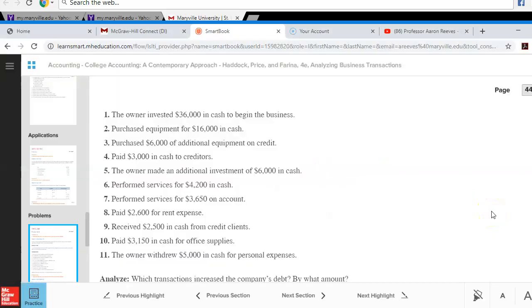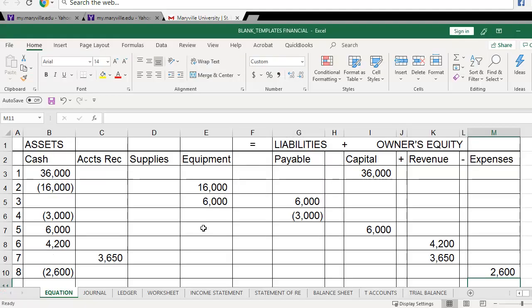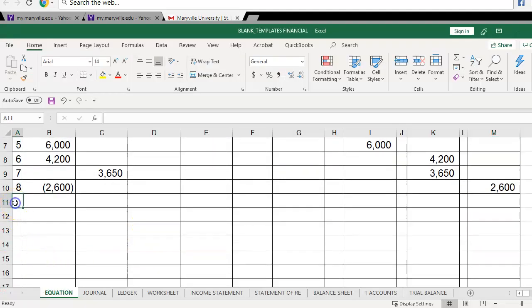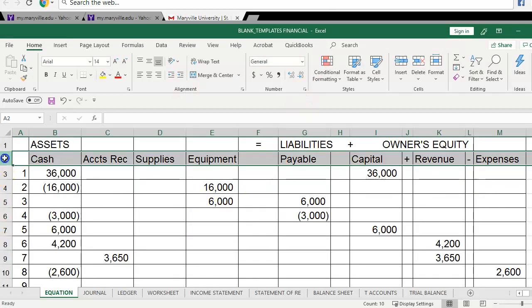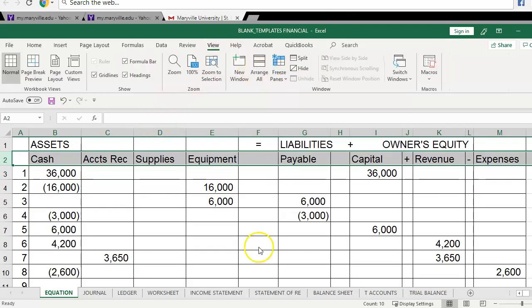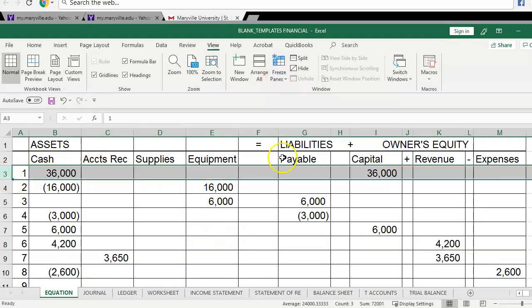Let's do a few more to get to our total, shall we? All right. Number 9 said receive $2,500 in cash from credit client. So a client that owed us, now they're paying us $2,500. So for number 9, let me change a little bit so I can see everything. Oh, didn't want to do that, sorry. One second, I'm going to freeze. Let's do it this way.